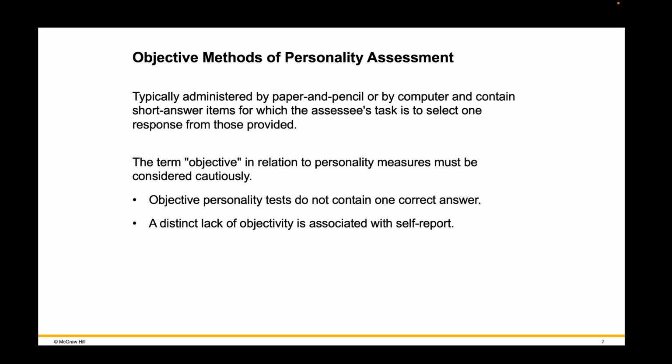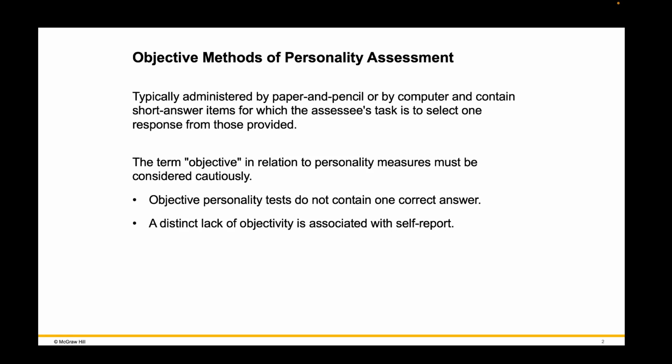Okay, so we have, of course, the objective methods of personality assessment. Pag sinabi natin objective personality assessment, ito yung the usual paper and pencil na test na natitake natin, yung mga katulad ng ginawa natin for this subject. Or minsan, this can be taken with the assistance of the computer.